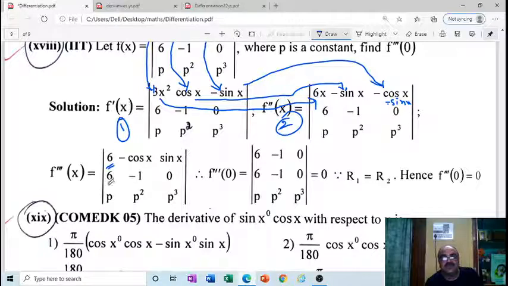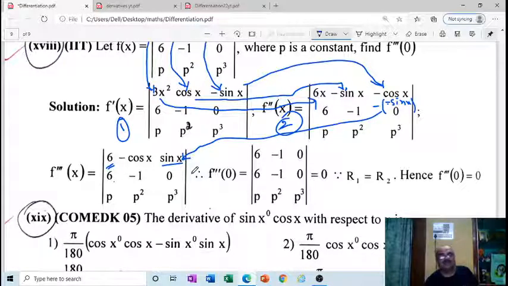So minus into minus will be plus. Have to be careful. Minus into minus will be plus. If you make mistakes in the signs, the whole problem changes.